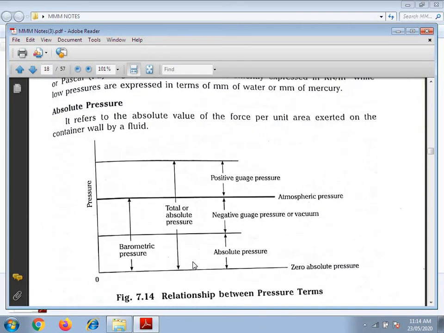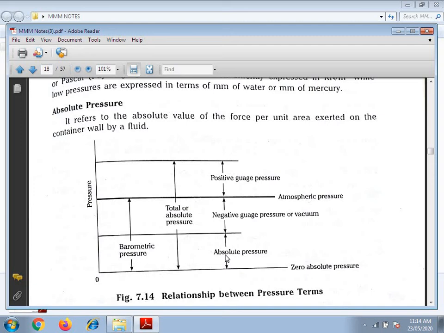And this is simple pressure, zero absolute pressure. Barometric pressure is up to atmospheric pressure, and more than that is total or absolute pressure.